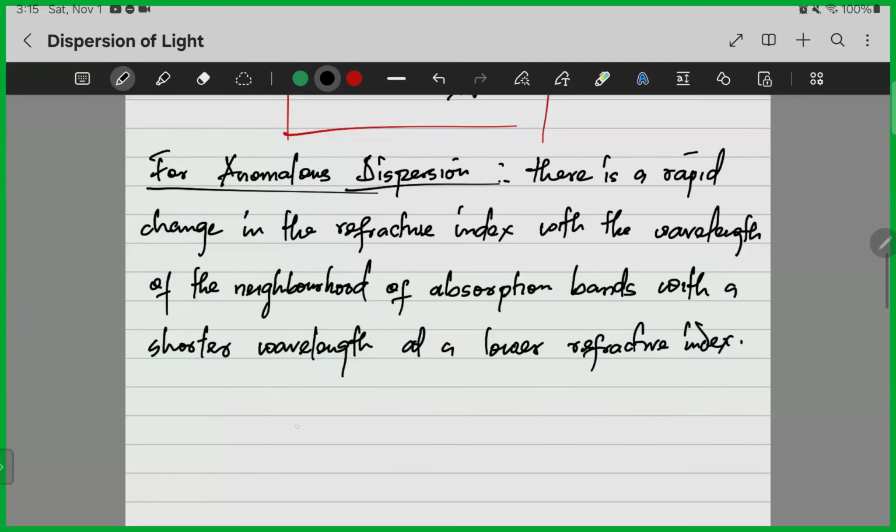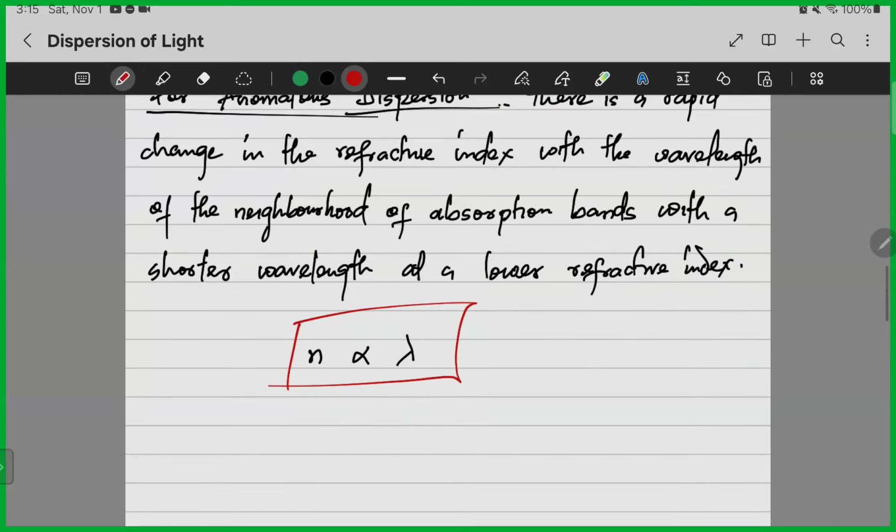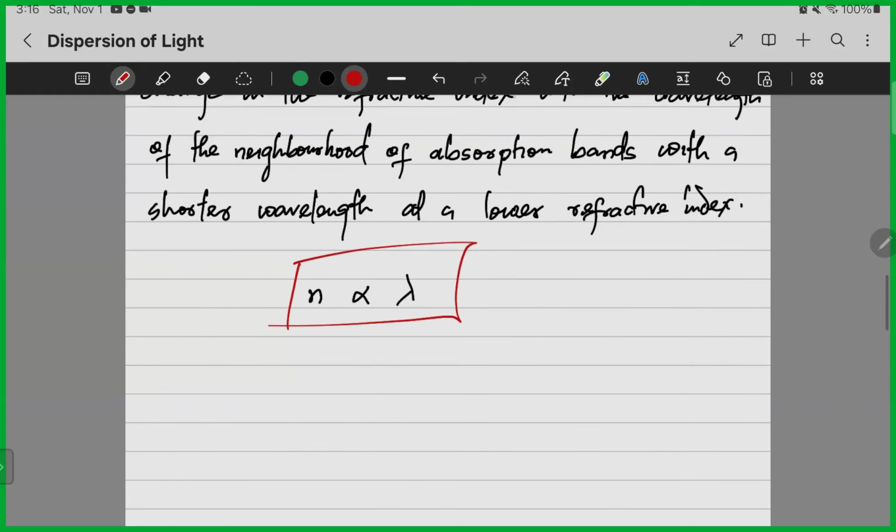So in this case, in anomalous dispersion, the refractive index varies directly with the wavelength. So just keep that in mind. Those are important points.